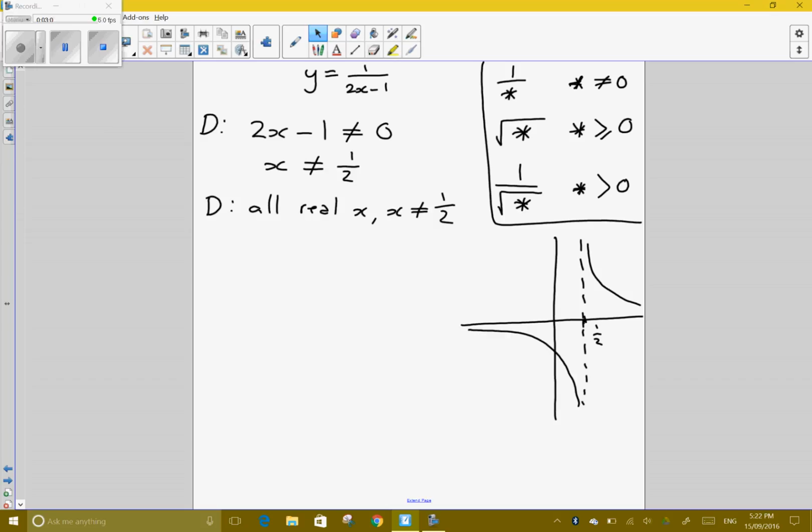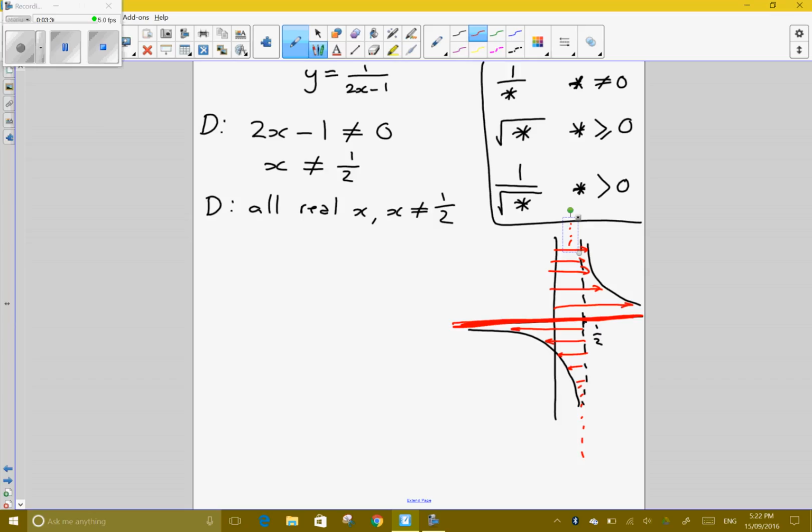What y value does not correspond with a point on the graph? Now, obviously, that goes on forever there. The x-axis is the only place that the graph will never touch and has no corresponding value on the function.